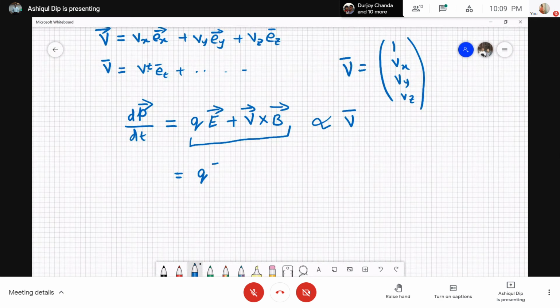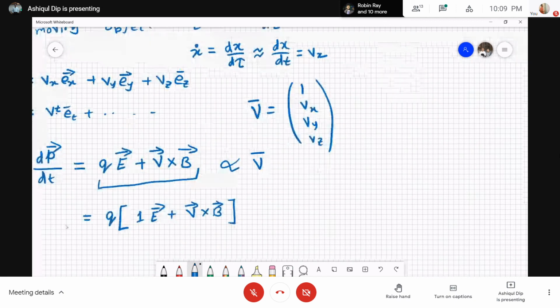Q, let's factor out that part. Then we have 1 times E plus V cross B, like that.